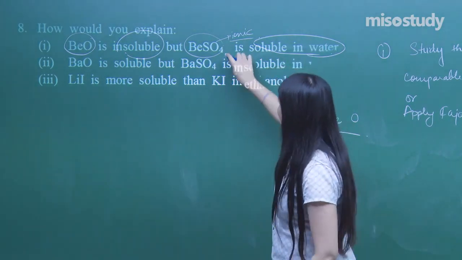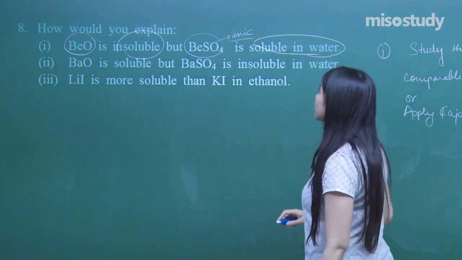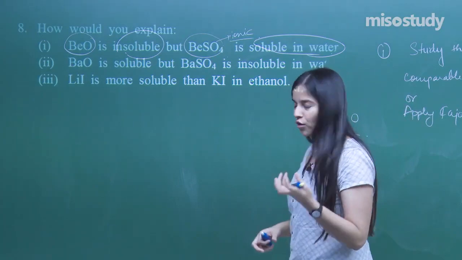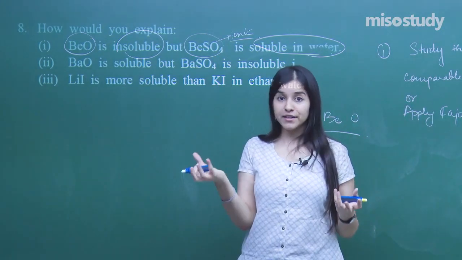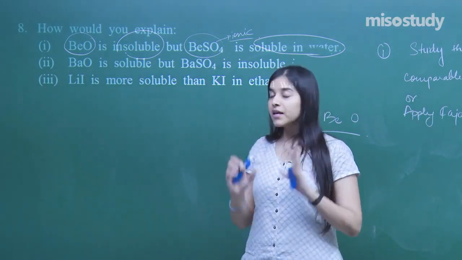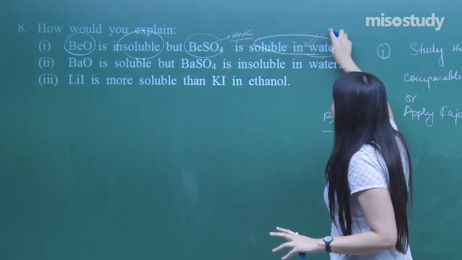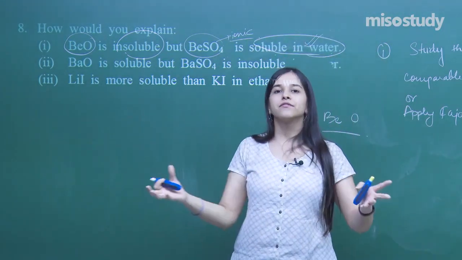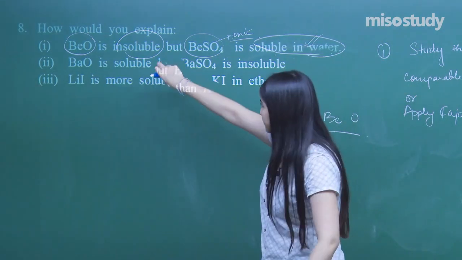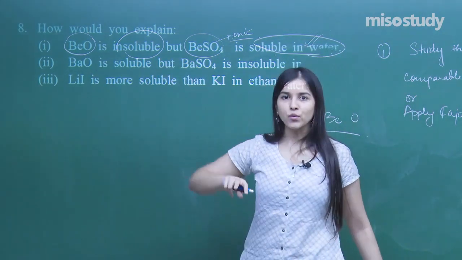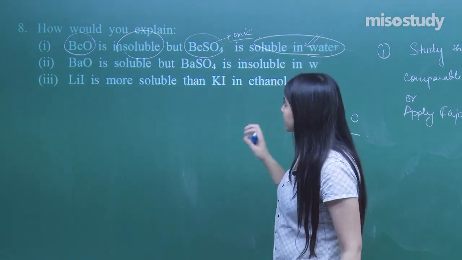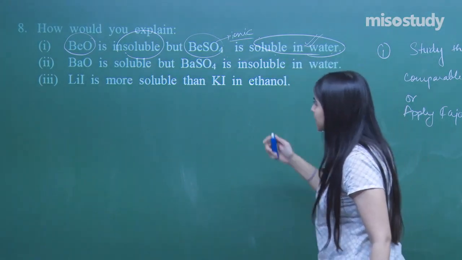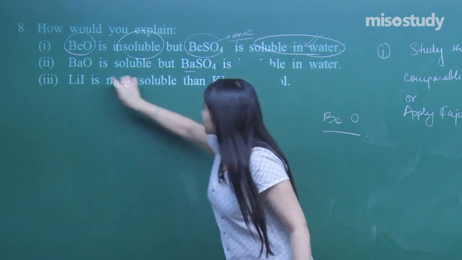If I talk about BeSO4, now this compound will be ionic because of the smaller size of beryllium and the bigger sulfate. Now this will be very much soluble in water because it can dissociate into ions. It's not bonding that perfectly. If I talk about the second one, BaO is soluble but BaSO4 is insoluble in water. Now Ba is bigger in size.